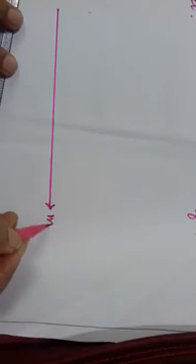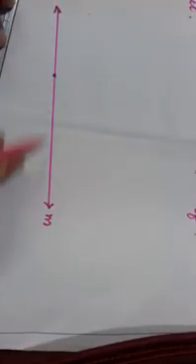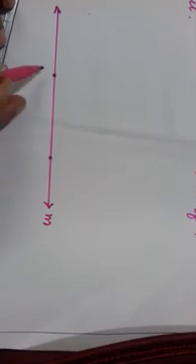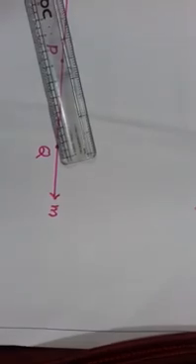Here is line M, and now you have to take any 2 points on this line. Let us take P and Q. Any 2 points you can take, and draw 2 perpendiculars from those points. So let us take one perpendicular.